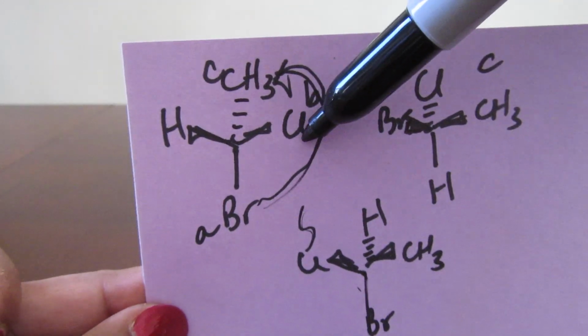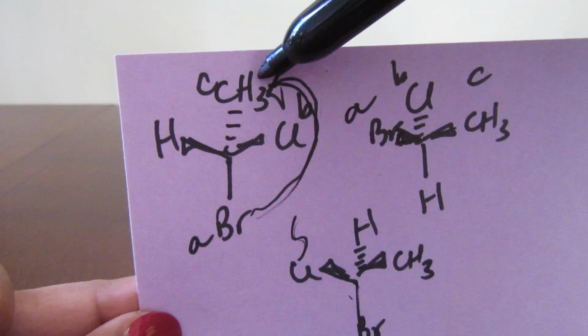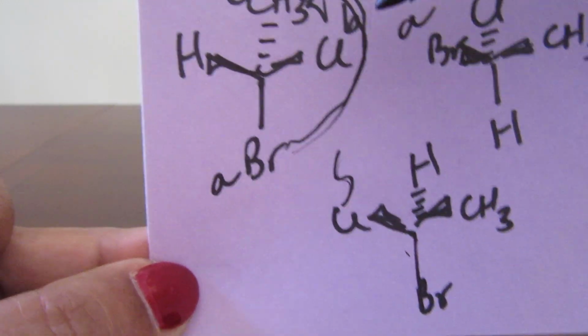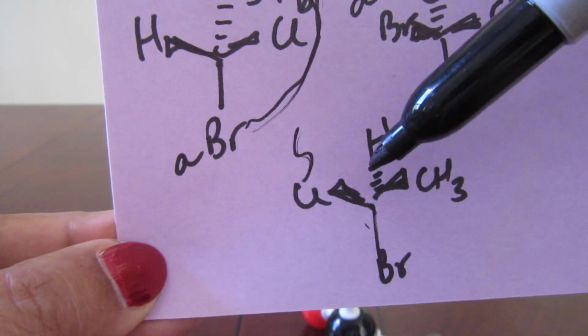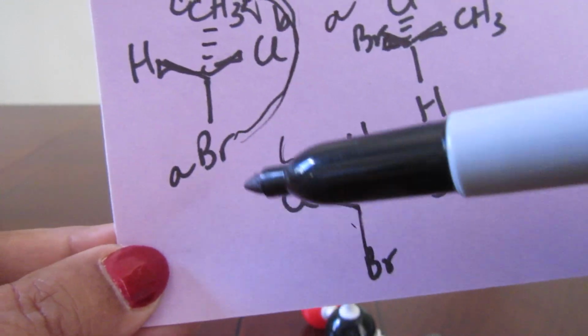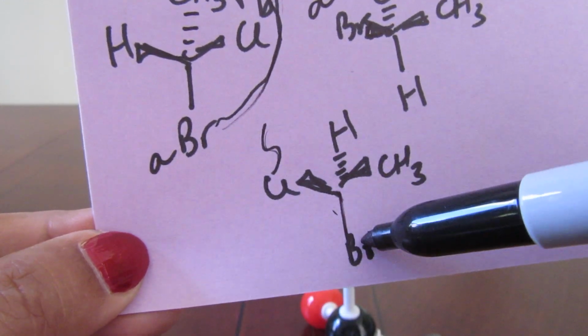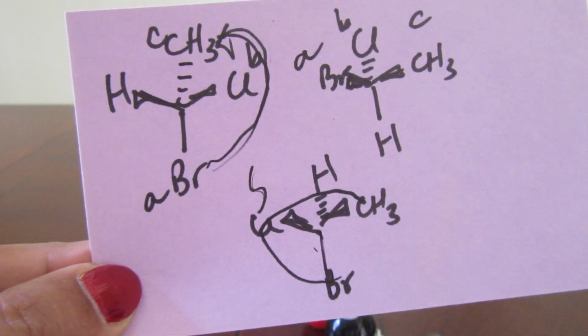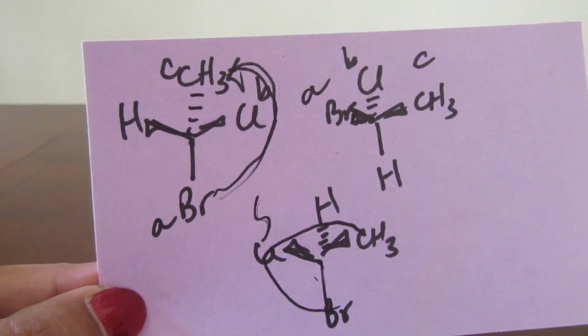So Cl comes here, H goes to the back, CH3 comes over here, right? So now you have the proper looking thing, where you keep the hydrogen at the back. Now you can go ahead and say, I'm going to go from Br to Cl to CH3. So now you have the correct configuration.